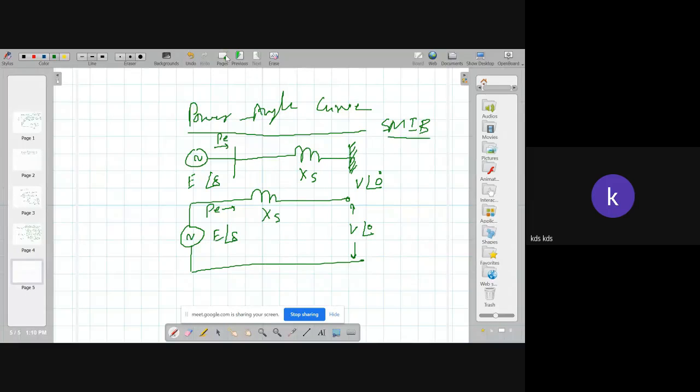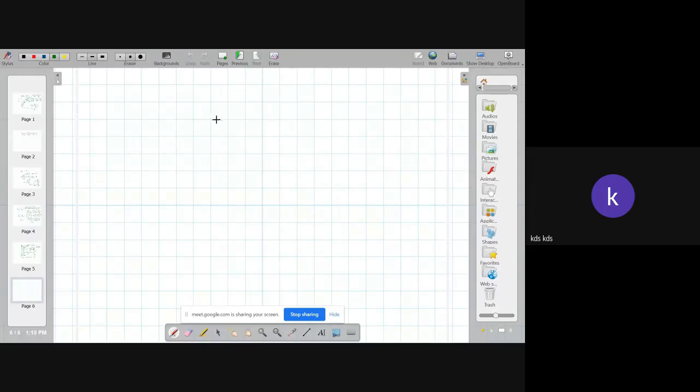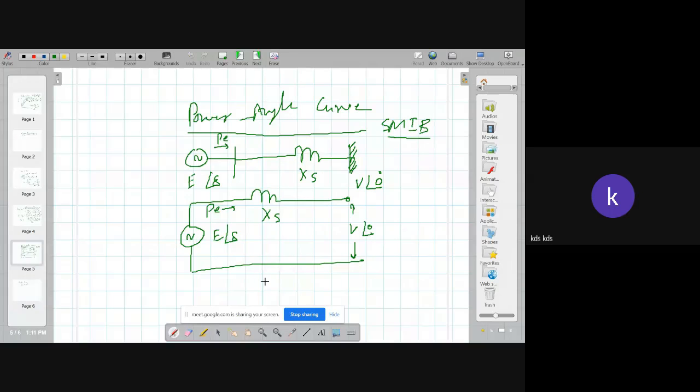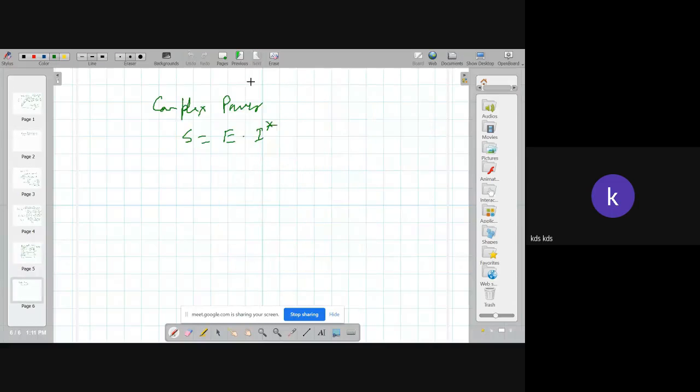The complex power, as I have already given you this formula, S, is given by E multiplied by I conjugate, where I is the current supplied by the synchronous generator. Okay. So the real part is given by PE.